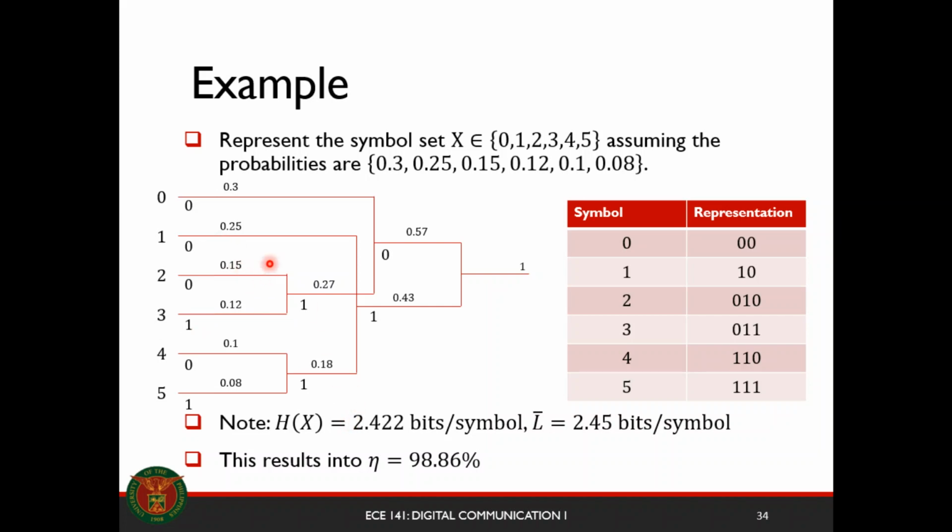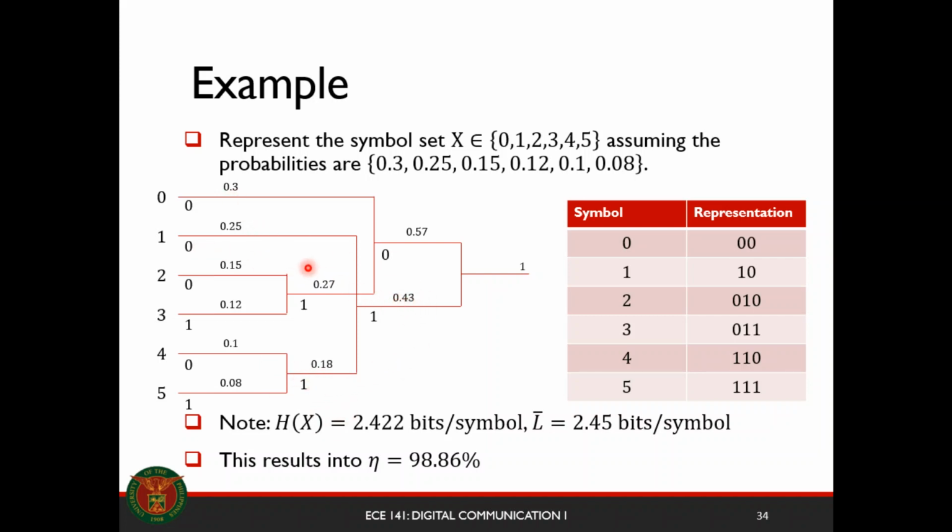Now you're left with the set 0.3, 0.25, 0.27, and 0.18. You again get the two symbols with the lowest probabilities, that's 0.25 and 0.18. Combine them together, assign a bit, so one would be 0 and the other 1. Combine them, you get 0.43.